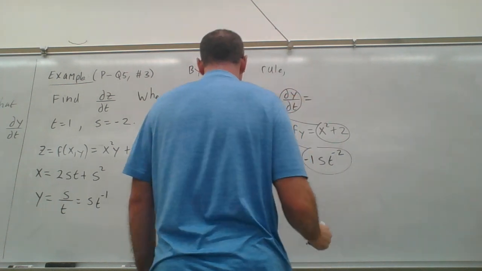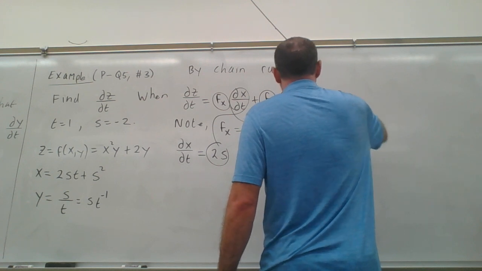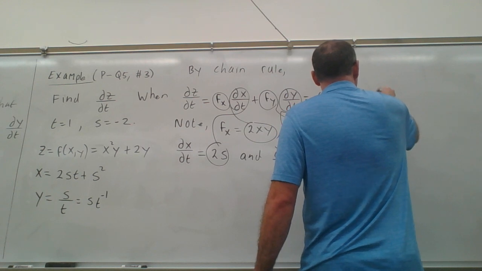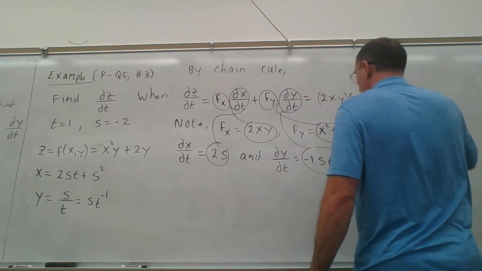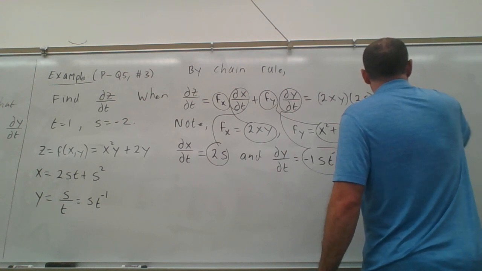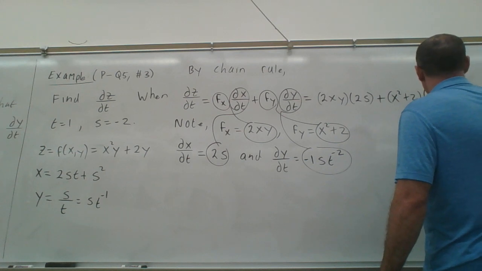So making those substitutions, 2xy times partial x with respect to t, so times 2s, plus fy, so x squared plus 2 times dy dt, which is negative s t to the minus 2.